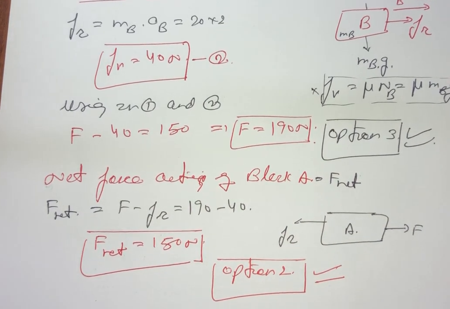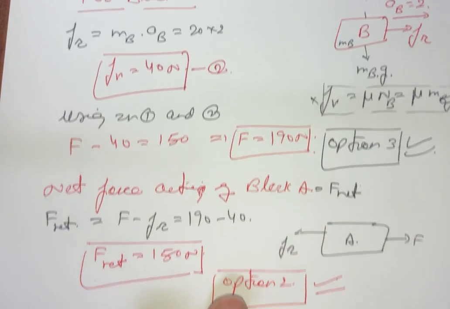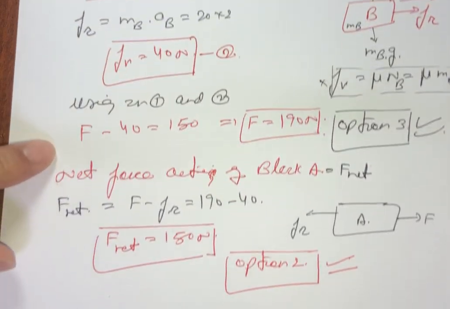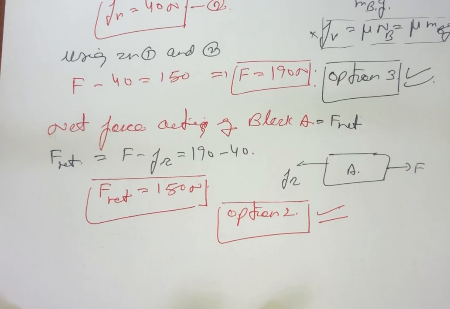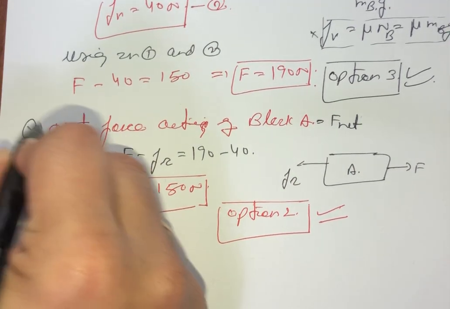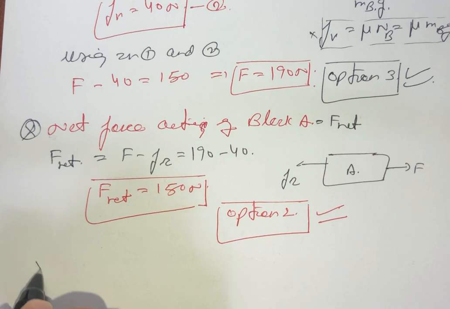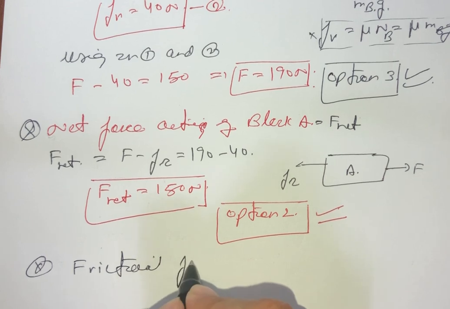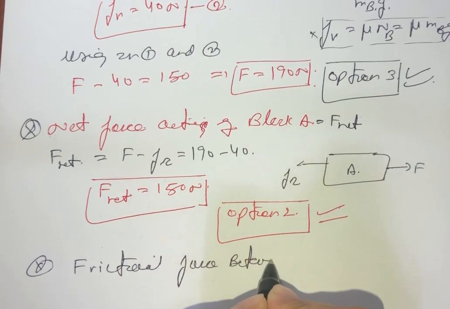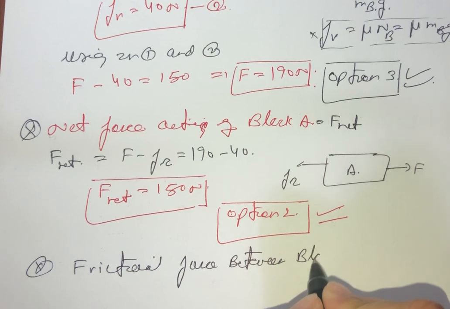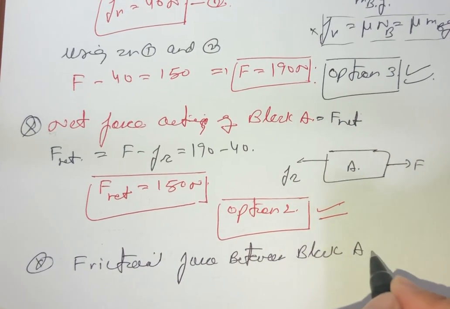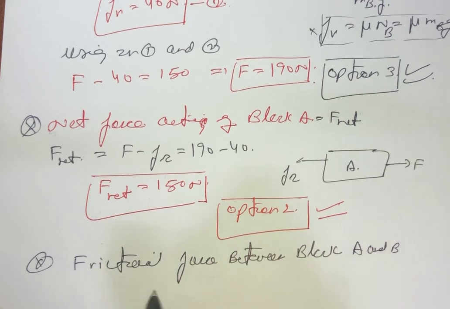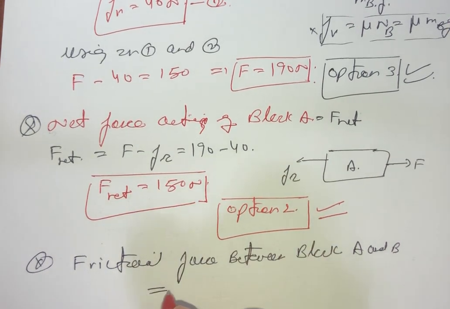Next, it is frictional force between A and B, which we already calculated, that is Fr. So frictional force between block A and B will be equal to Fr, and that is equal to 40 Newton.